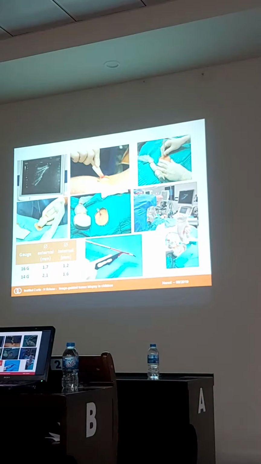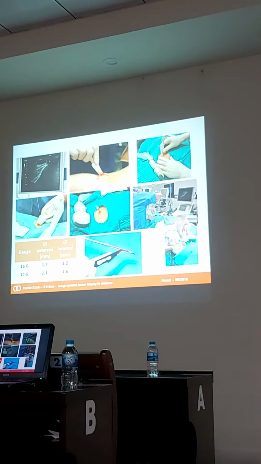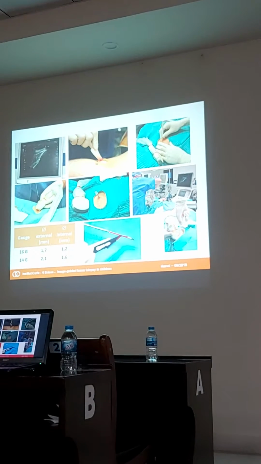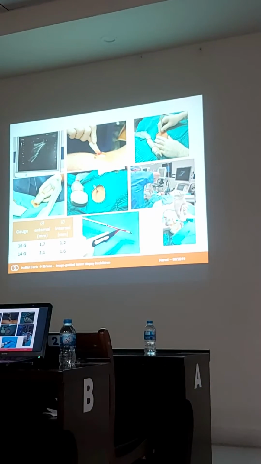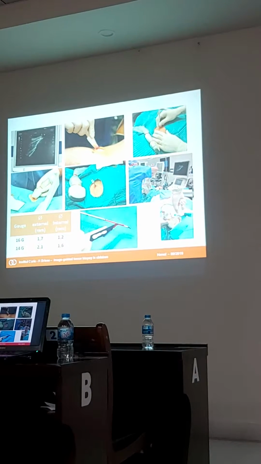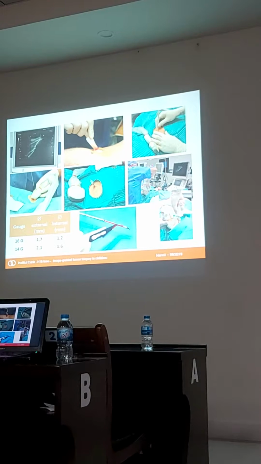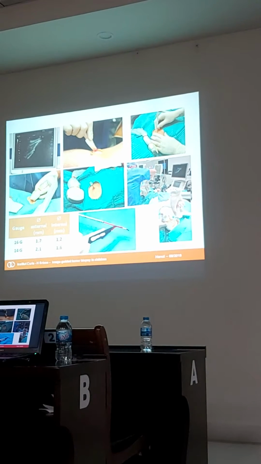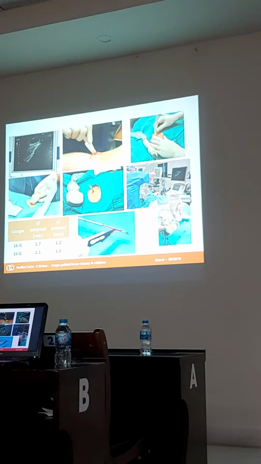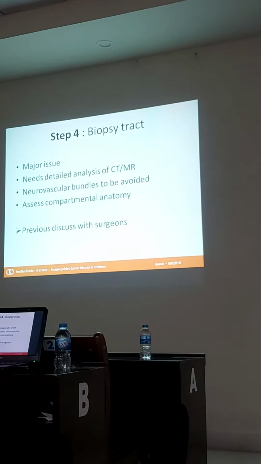You put the introducer, and when it is in the right position, you put the biopsy needle through it and get the specimen. And you can do this several times. Usually we perform at least 6 samples, maybe sometimes 8 or 10, depending on the quality. If the tissue is very necrotic, we repeat the biopsy to get enough tissue for the pathologist.